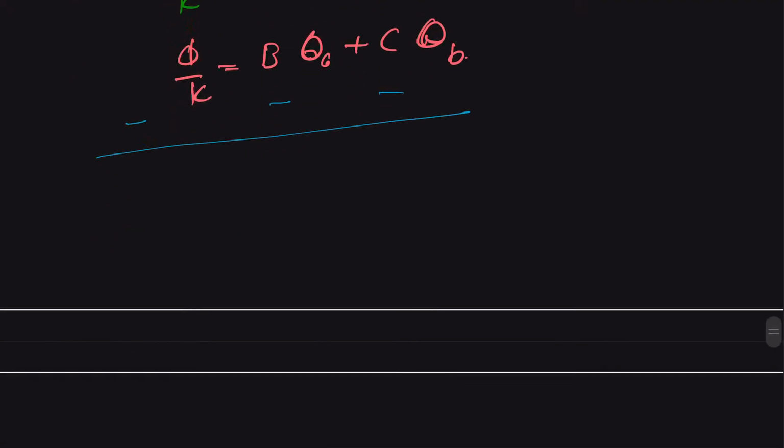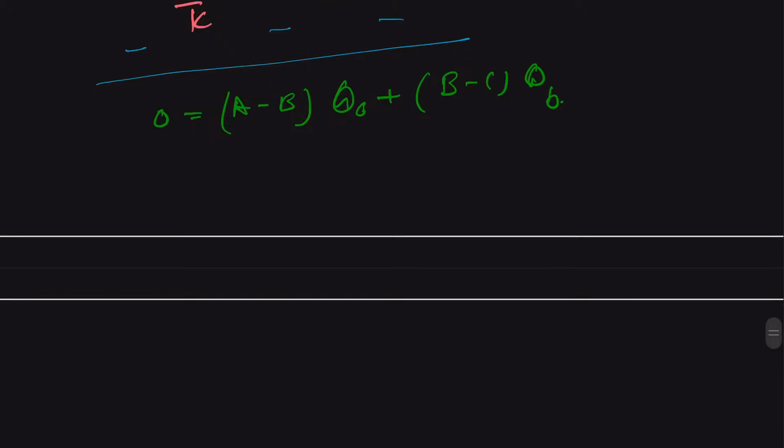And our left side will give us 0, and the right side will give us a minus b times qa plus b minus c times qb.